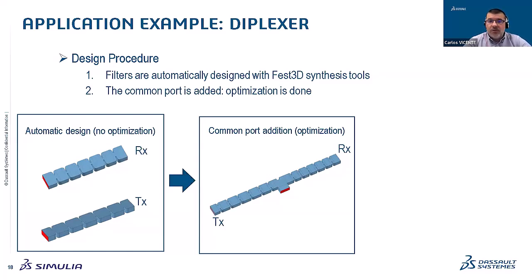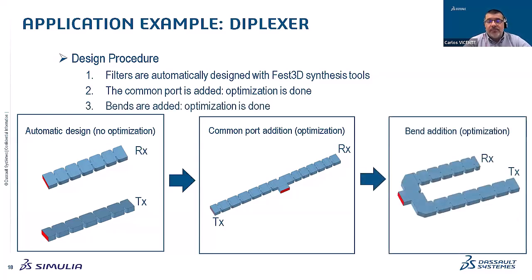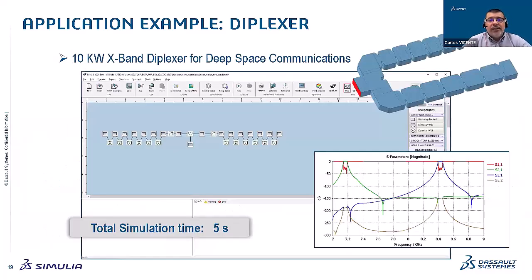Later on, I will talk about the simulation time per iteration. And finally, you could add the bends. Again, you will need some refinement and optimization of the bends and the T-junction and some of the dimensions of the branch filters. The simulation time of this component is just 5 seconds for the complete frequency band.